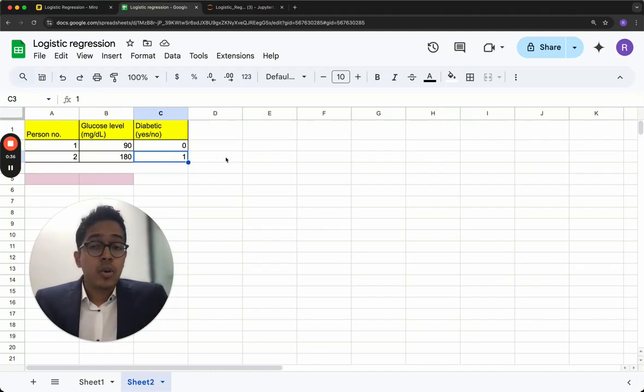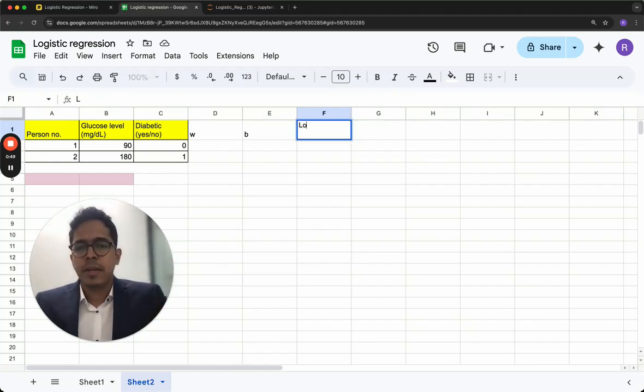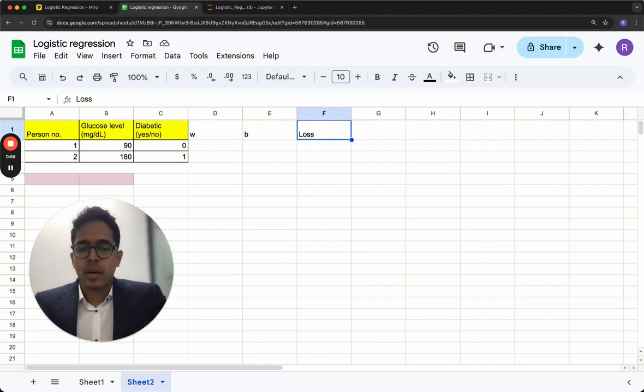Now, what all do we need? We need W, we need B, because WX plus B equals Z, right? Then we can also calculate loss, maybe. Actually, before coming to loss, we have d loss by dz for person 1.